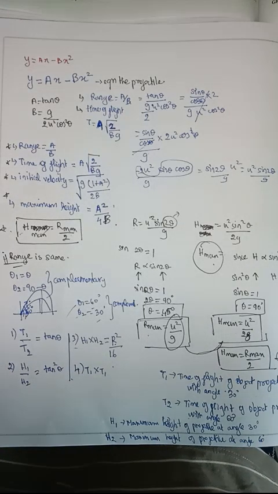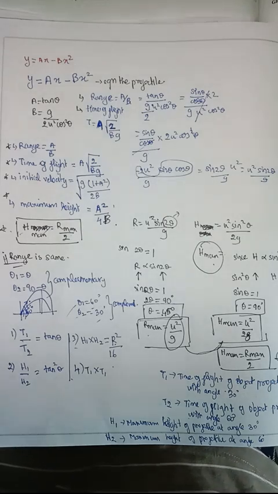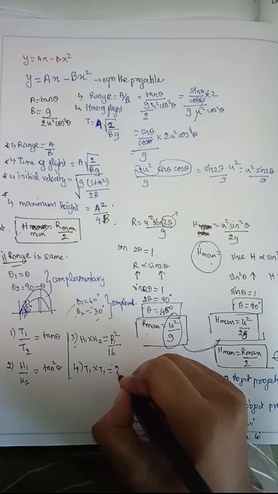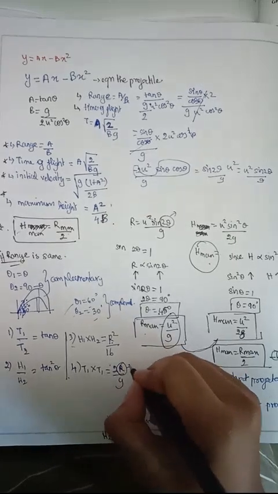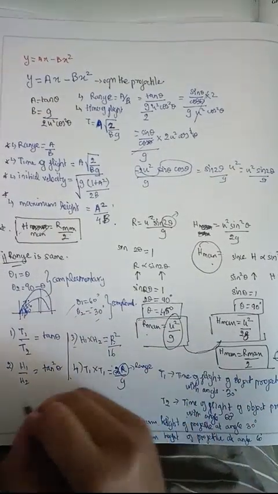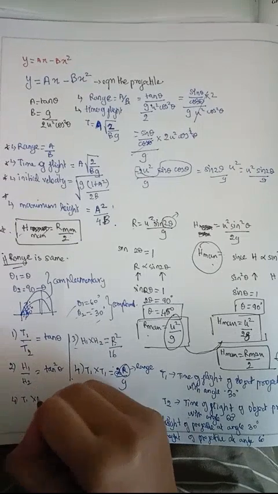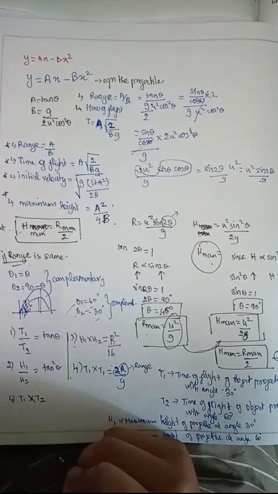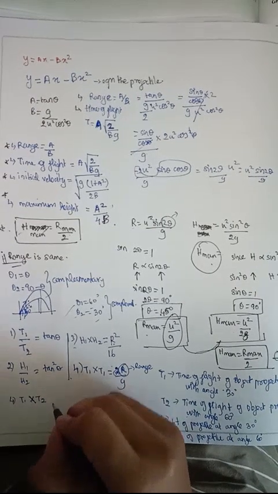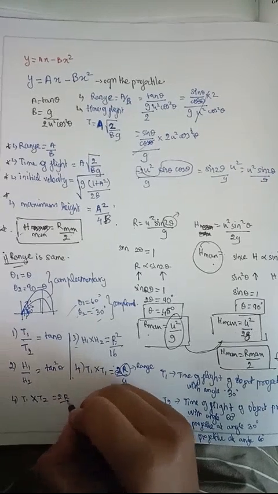If they ask what is the product of the time of flight of the projectile when it is thrown at angles complementary to each other, that is equal to 2R by g. Here R represents the range. I am writing here also T1 into T2, the product of the time of flight of the projectile when thrown at complementary angles. That is equal to 2R by g.